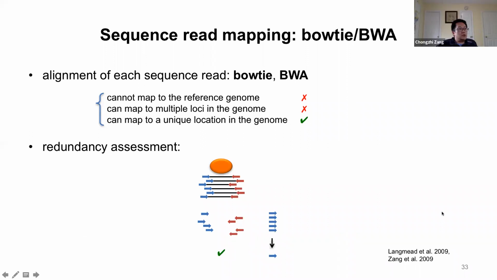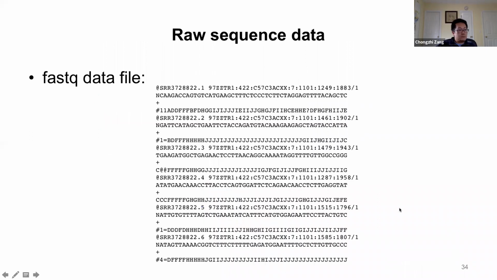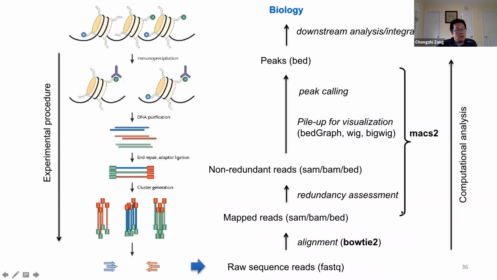Usually, the read depth means the number of informative reads, if I may. In that case, I will always go with the number of non-redundant reads in the data sets, which means that we have discarded reads that cannot map to the genome, and also discarded all the redundant reads that do not give us any additional information.